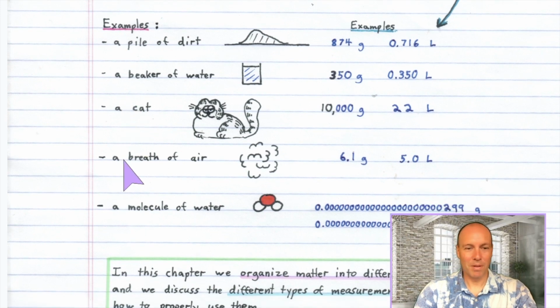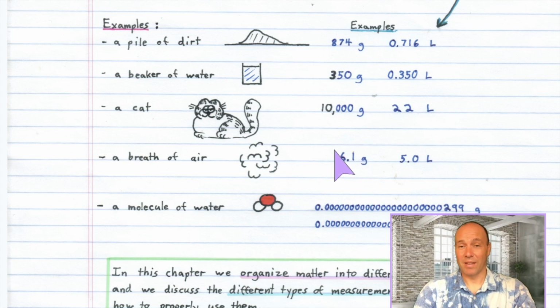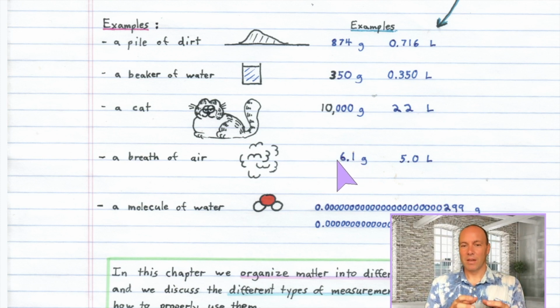The fourth example, a breath of air. I don't know how to draw a breath of air, but maybe that looks like a breath of air, a little poof of smoke or something. So air can actually be weighed. You can weigh air by taking an empty gas cylinder, you put it on a scale, you figure out how much it weighs, and then when you inject a certain amount of air and you weigh it again, the difference between the two weights tells you how much the air inside weighs.